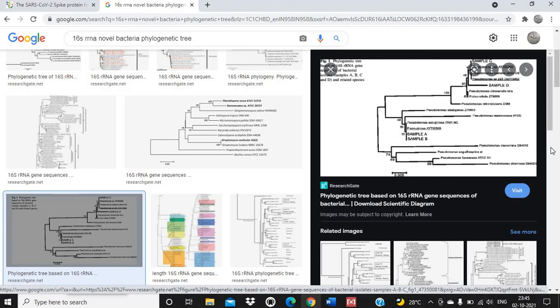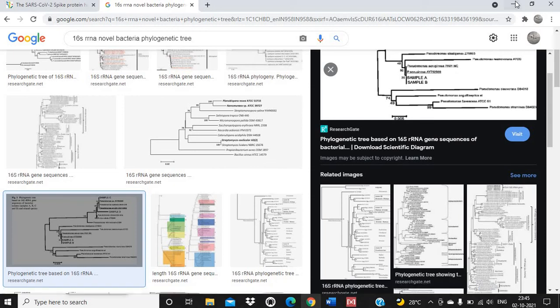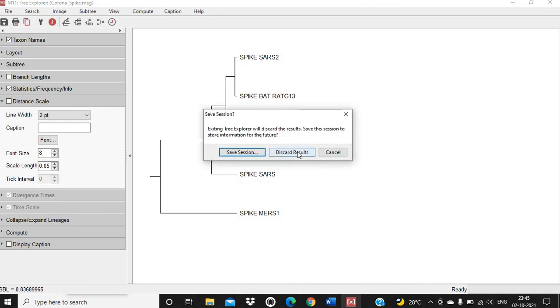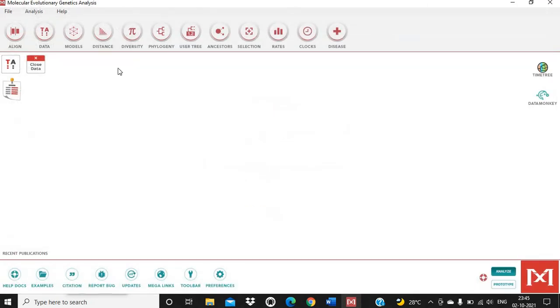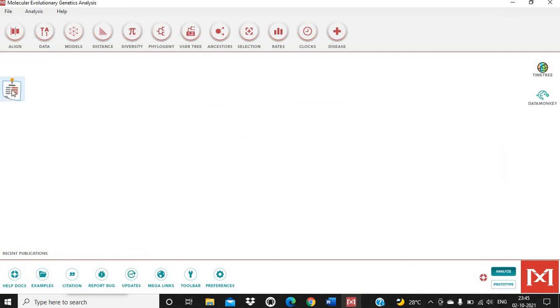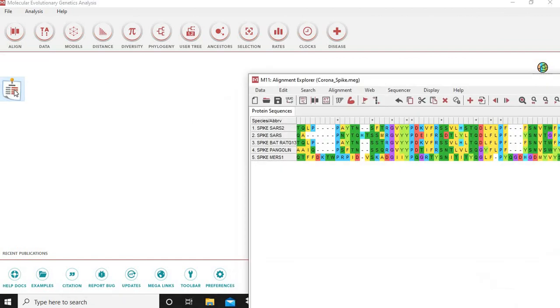And also, here I'm going to show a third example where I will use myoglobin sequences to construct a phylogenetic tree.